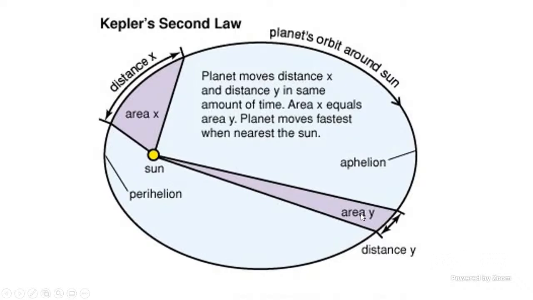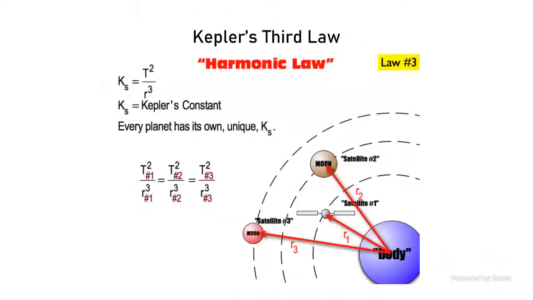All these laws are the fundamentals of orbital mechanics, and honestly, you can do nothing without them. The last law is Kepler's third law, the harmonic law, which states that the major axis r cubed is proportional to the period of rotation of any celestial object around a very massive body, squared.